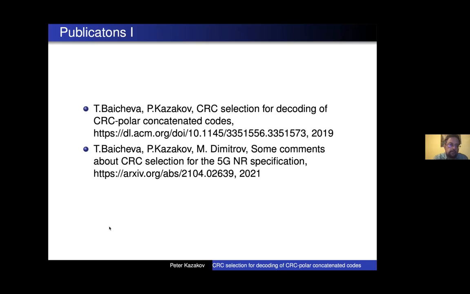This paper is present only on arXiv. It's still not published. We're looking for a suitable place to publish it.